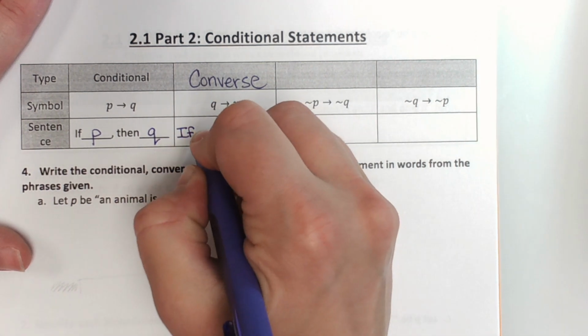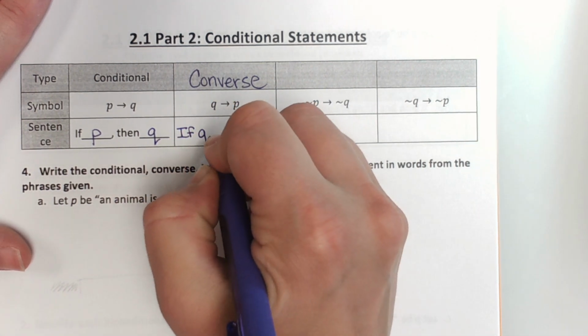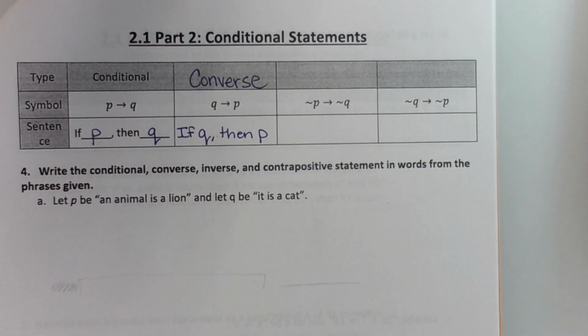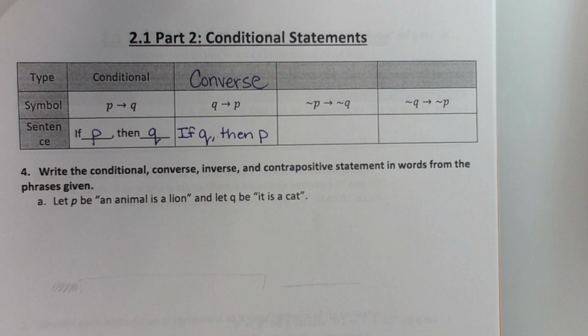As a sentence, this would say if Q, then P. An example would be: if it's sunny outside, then the sky is blue, versus the converse, if the sky is blue, then it's sunny outside. That would be what a converse looks like.